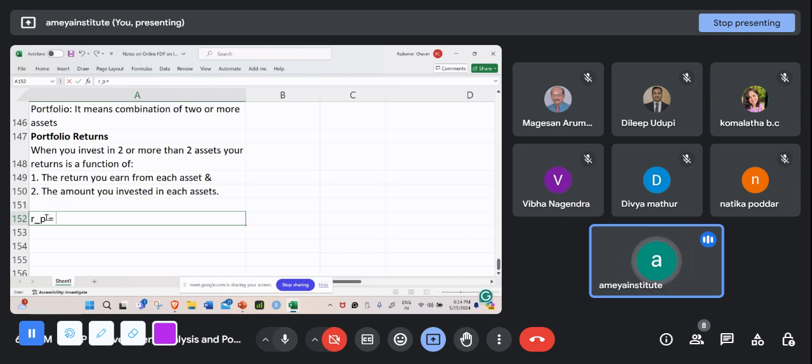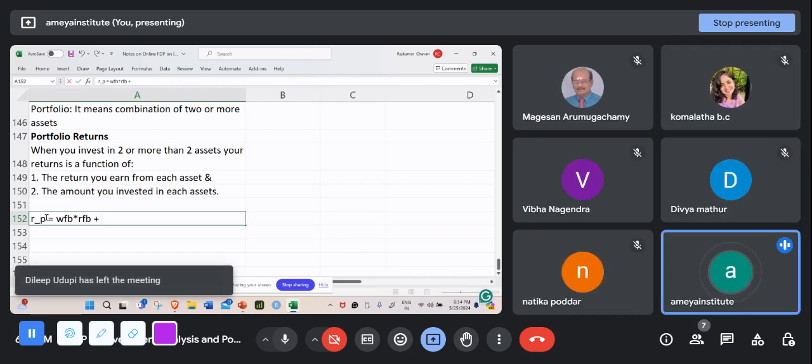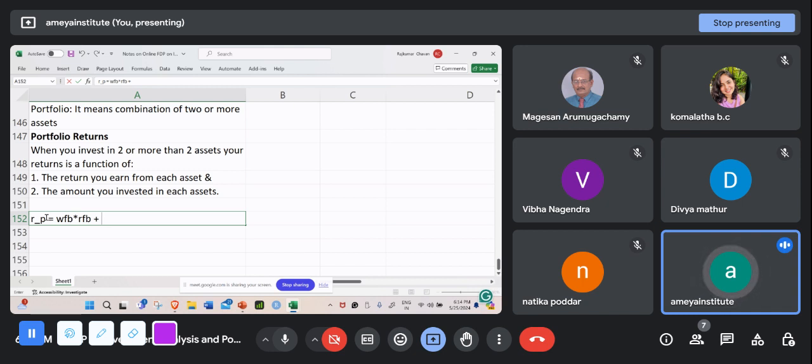What will be the portfolio return for this function? The weight of FB into the return of Facebook, that's the first asset, because a portfolio cannot be for one asset. You require a minimum of two assets or more than two assets, anything is acceptable, and then only do we say that it is a portfolio.